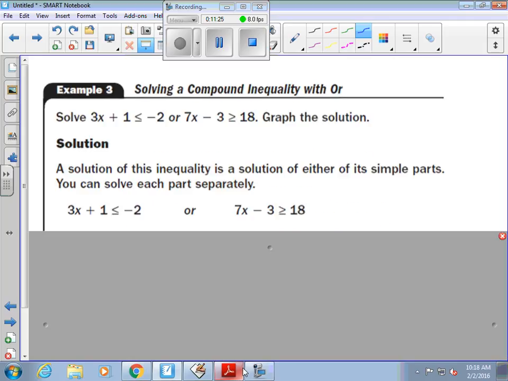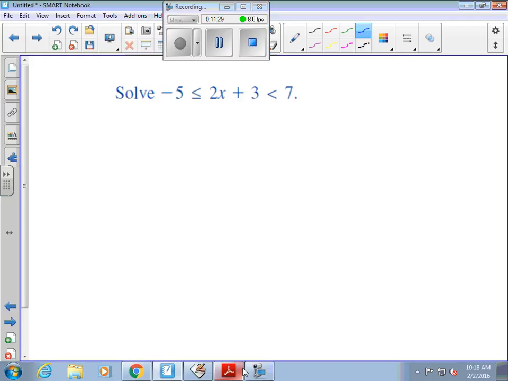Example number 3 is typically easier. Well, on the back, everybody do this one.